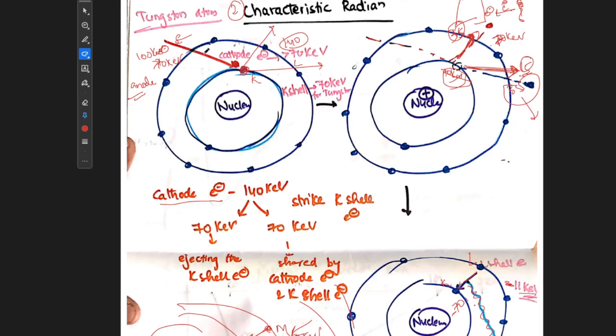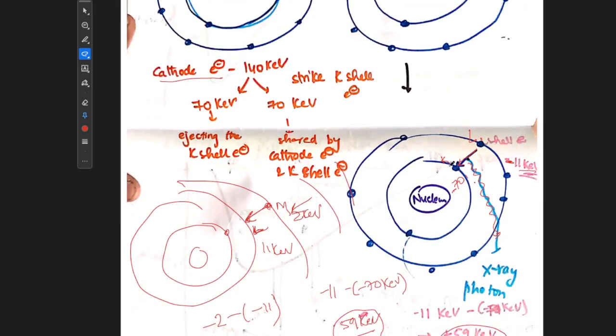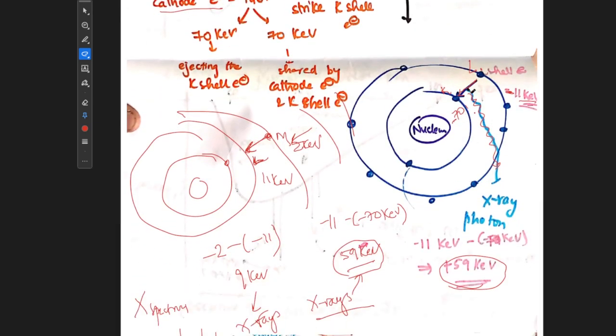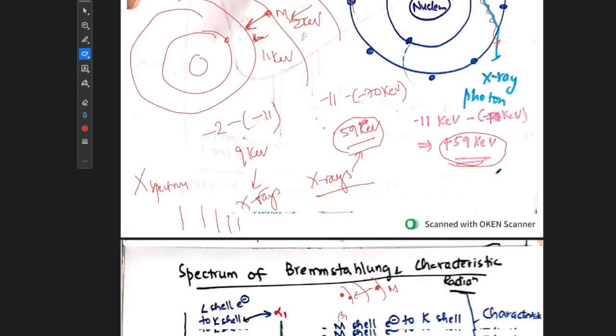Then there is an empty slot at the K shell. This empty slot is filled by the transition of an electron from the L shell, M shell or N shell to the K shell. When it does, the difference in energy between the shells is released as an X-ray photon.